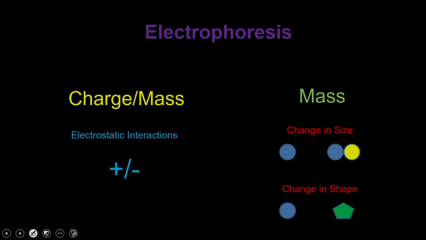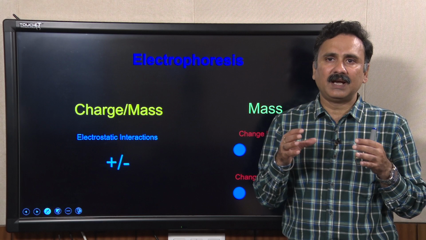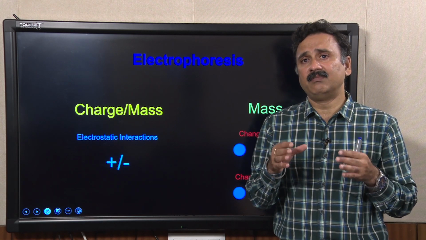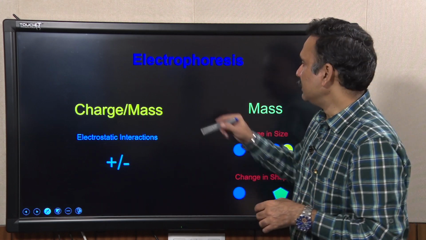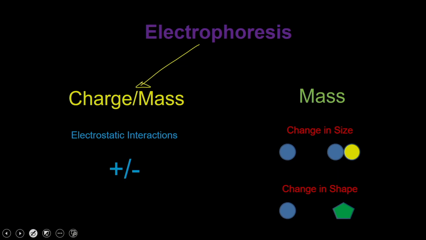So, when we talk about electrophoresis, one thing is sure: in gel electrophoresis, it utilizes two major properties of a molecule. Electrophoresis either exploits the charge by mass ratio, or it separates the molecules based on mass.